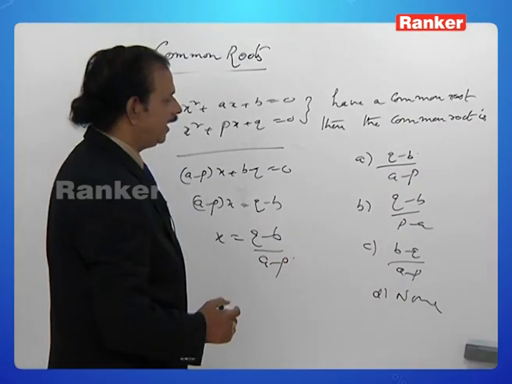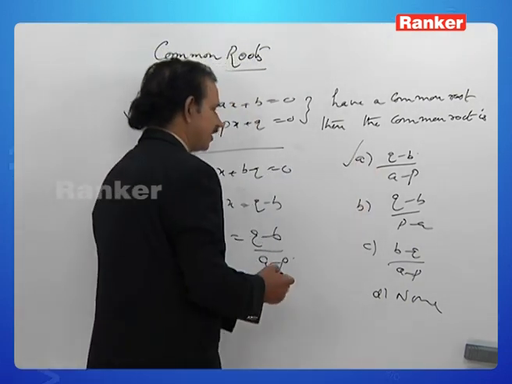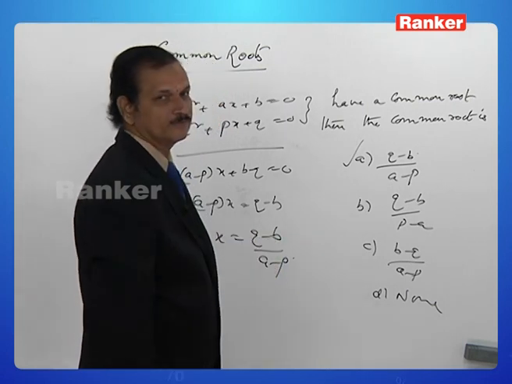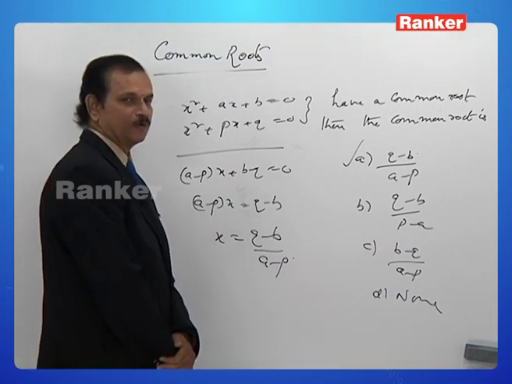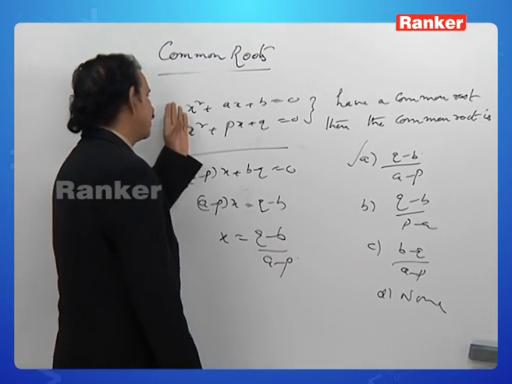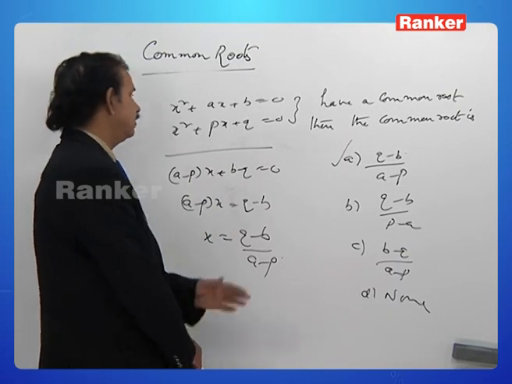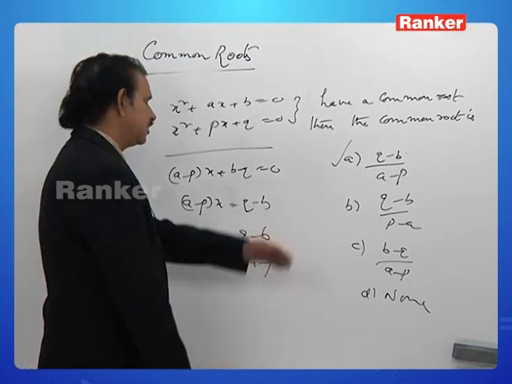So what is the right option? The first option is the right option. This is another way of getting a common root, provided the coefficient of x square in both the equations match, that is, they coincide. Then you can easily get the common root without using any other formula. This is the common root.